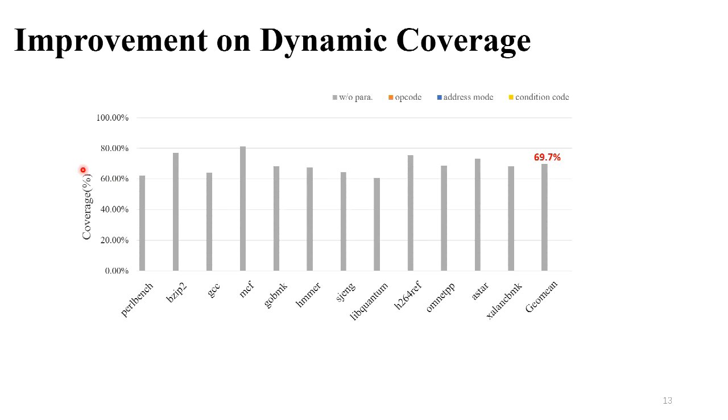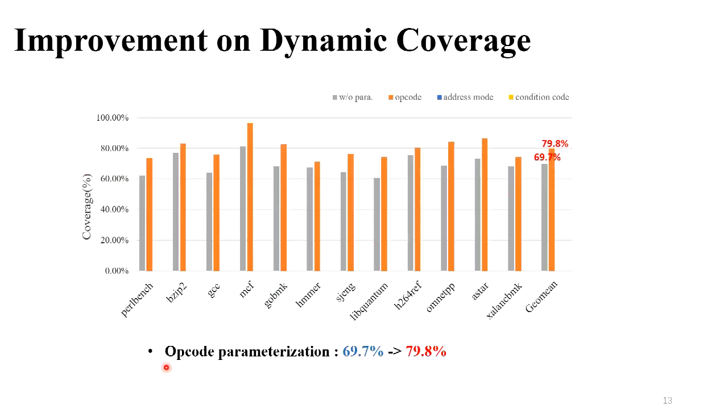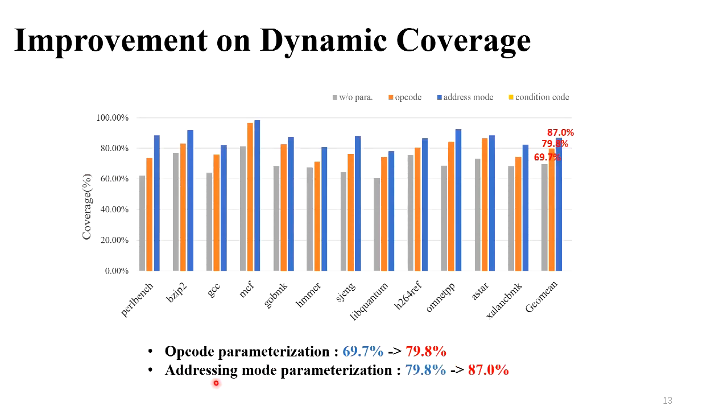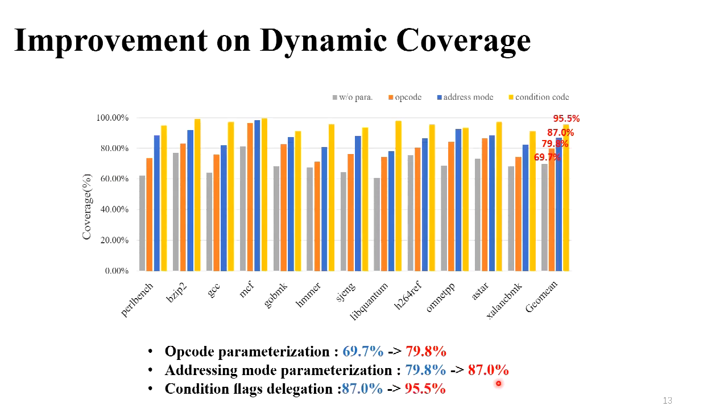As mentioned earlier, without parameterization, the coverage is around 69.7% using the existing Selenium-based approach. With only opcode parameterization, the overall coverage is increased from 69.7% to 79.8%. After adding addressing mode parameterization, the overall coverage is increased from 79.8% to 87%. And after condition flag delegation, the overall coverage is increased from 87% to 95.5%.